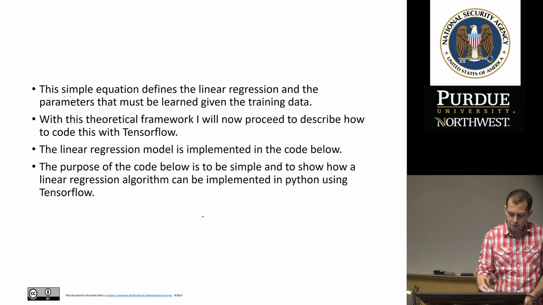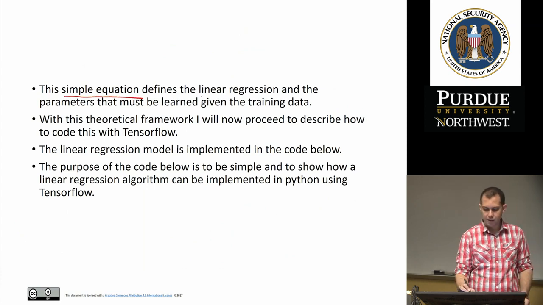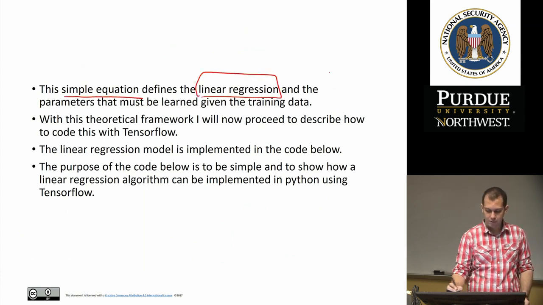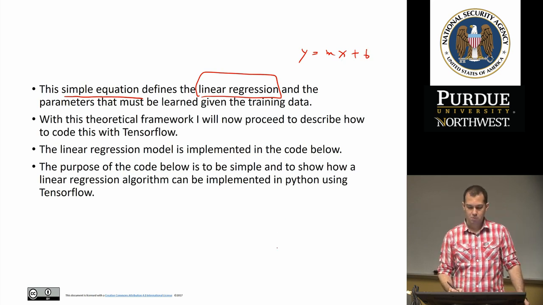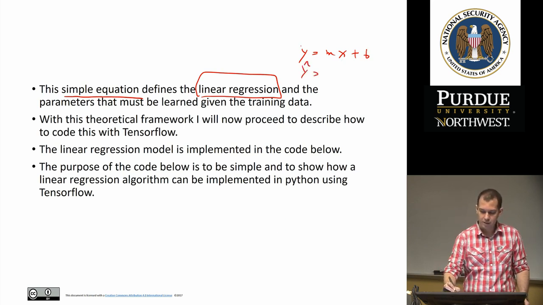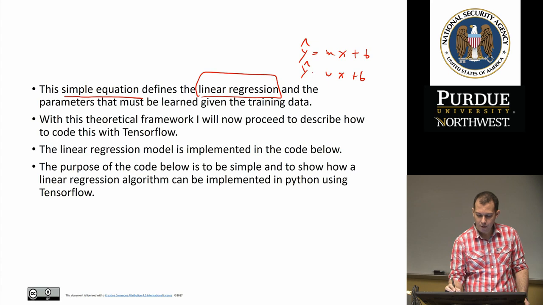So this simple equation defines the linear regression model, right? You've probably seen it in school, m, the slope as well. Or, let's use y hat = wx + b. So that's the model that we are using.